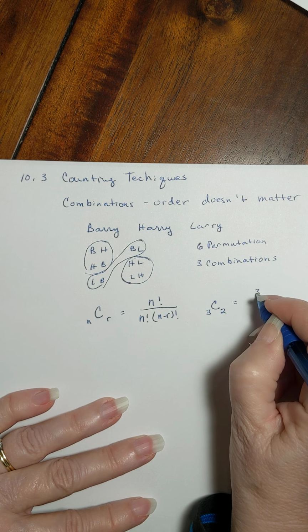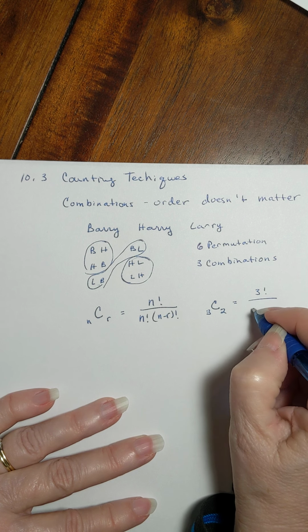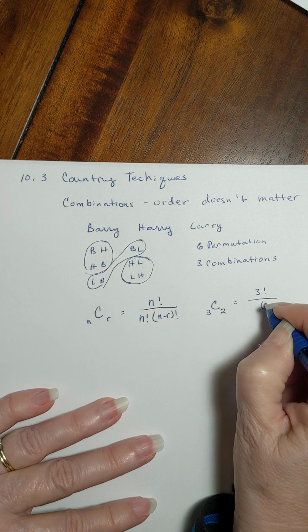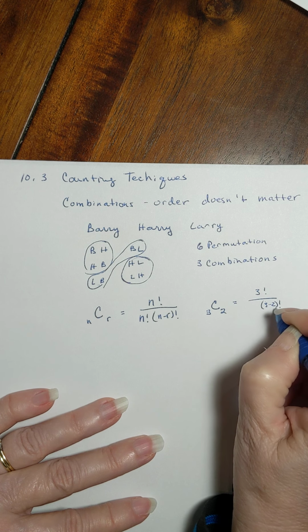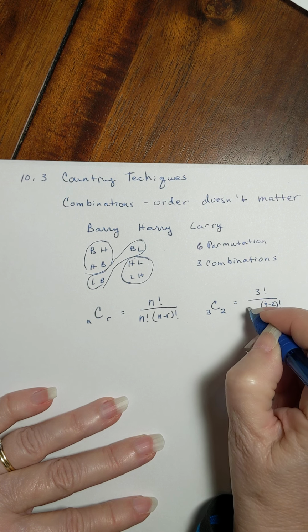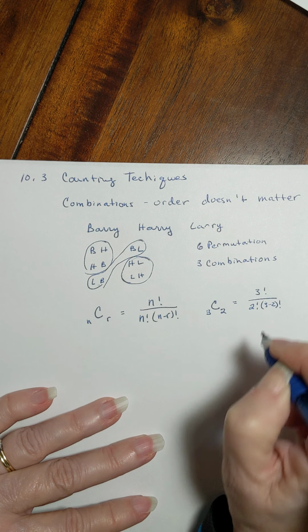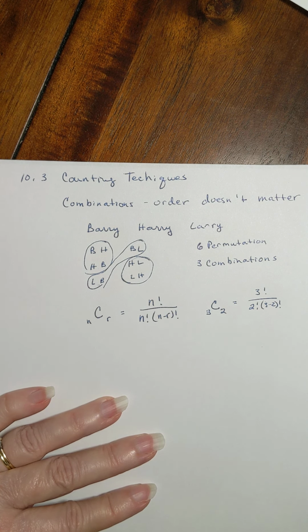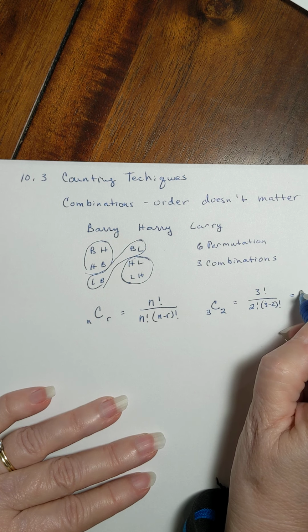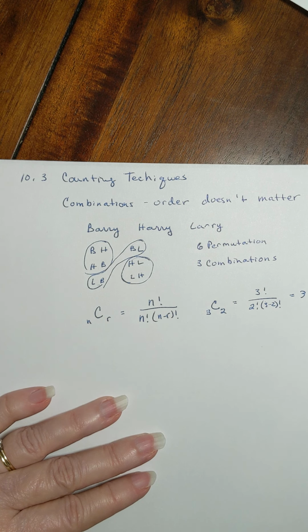So it was 3 factorial over 3 minus 2 factorial, which would be 1 factorial, which would give me the number of permutations, but then I'm also going to divide by the 2 factorial. And 2 factorial is 2 times 1 is 2. So that's why I divided by 2, and I got 3 as my answer.